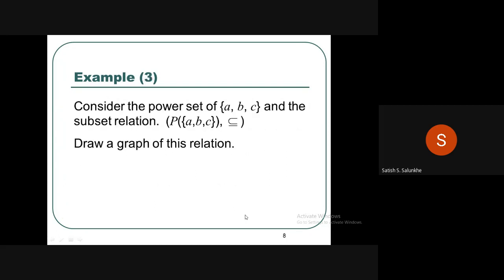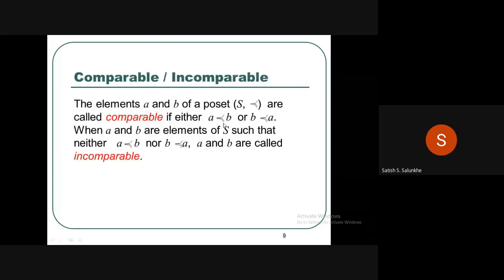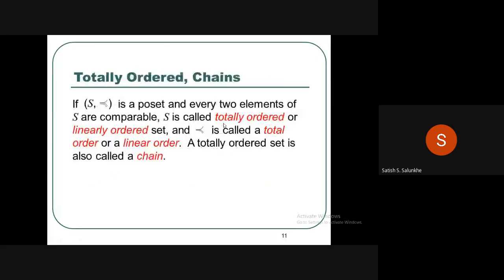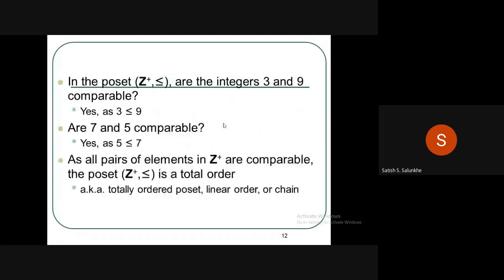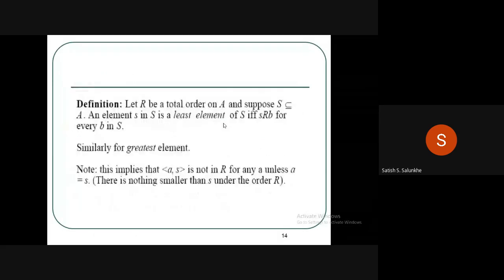Okay. So consider another example, the power set of {A, B, C} and the subset relation on it. So the power set of {A, B, C} is a set on which this subset relation is applied. There are many more things which I am skipping at present.